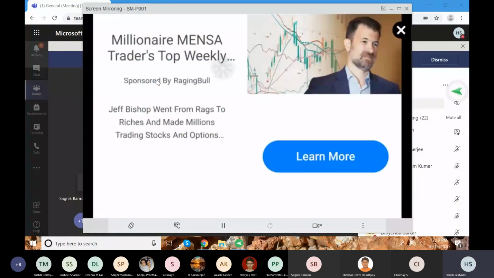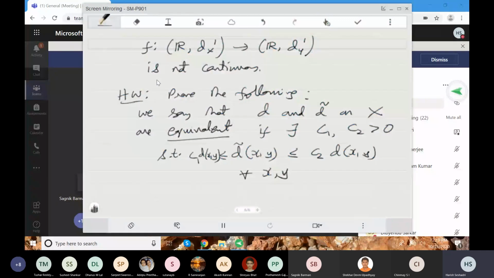The main point is that the same constants C1 and C2 should work for all x, y.